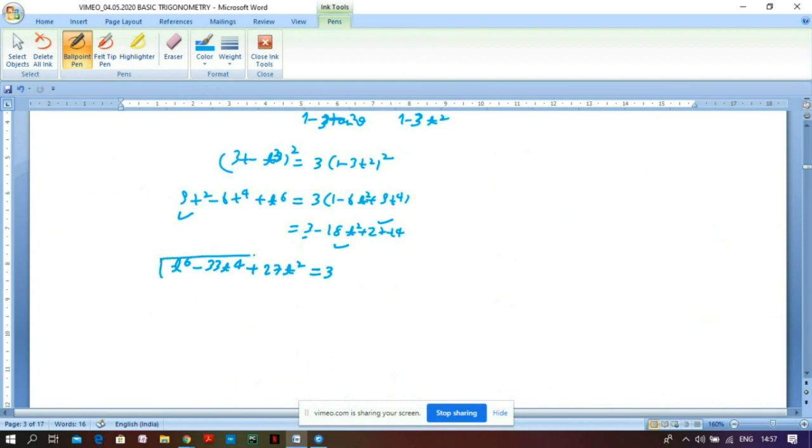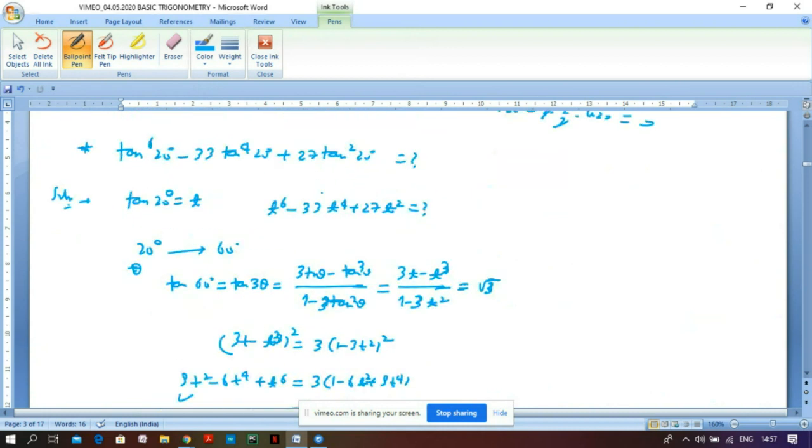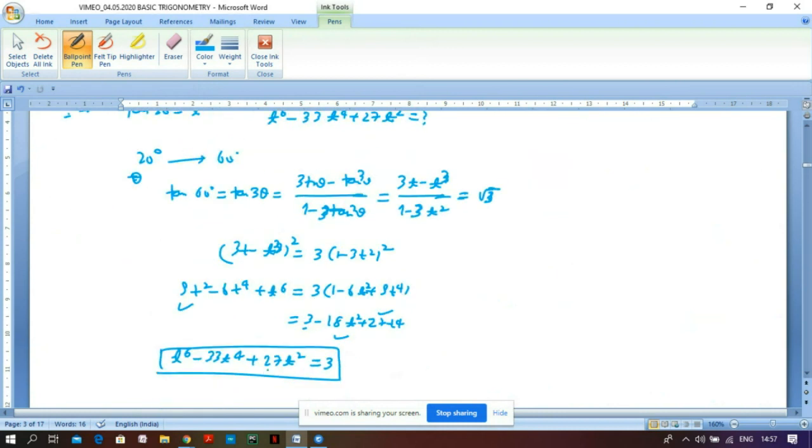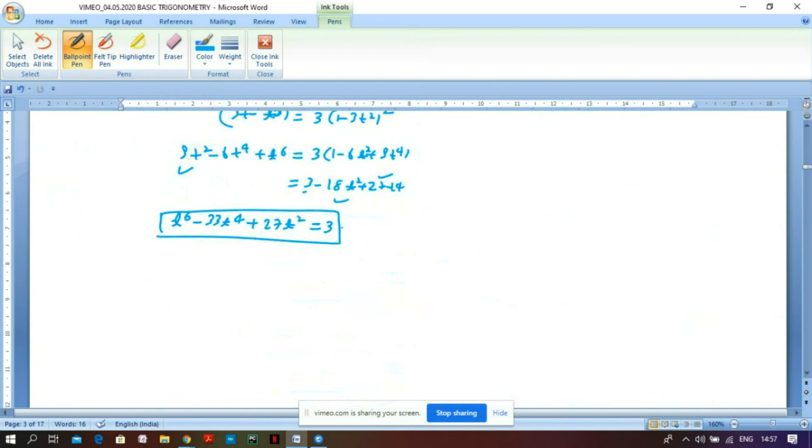So this is actually what you wanted. You wanted t to the power 6 minus 33 t to the power 4 plus 27t squared. This value equals 3 if t is tan 20. So we got some numbers and we got our answer. So these are some numerical identities. Next is some relationship.